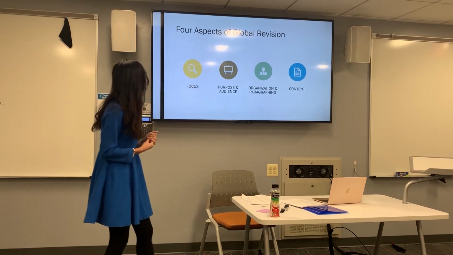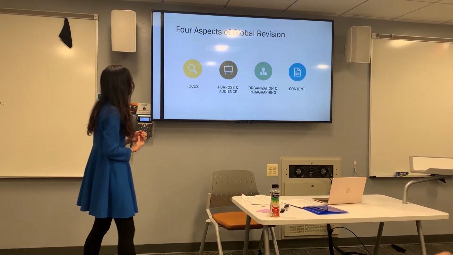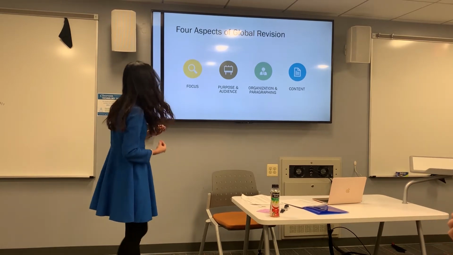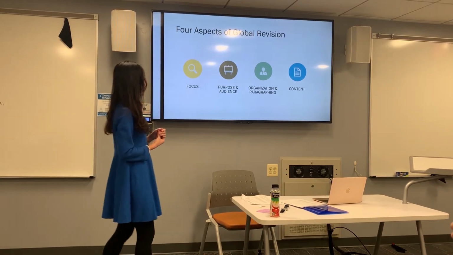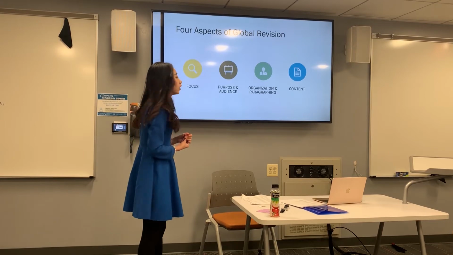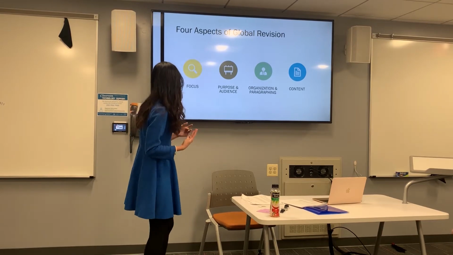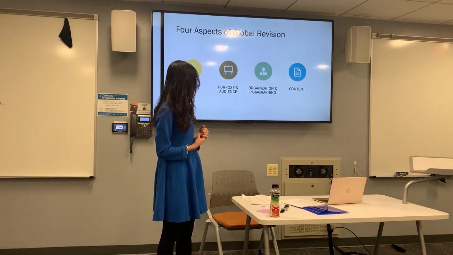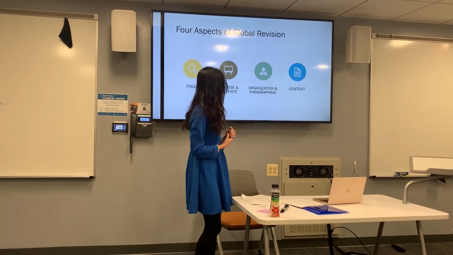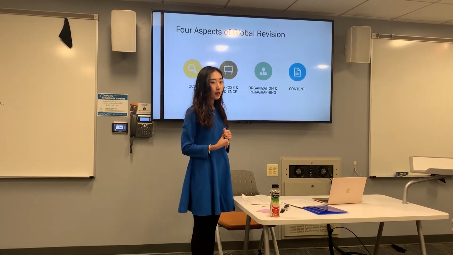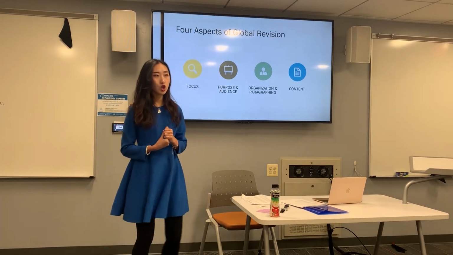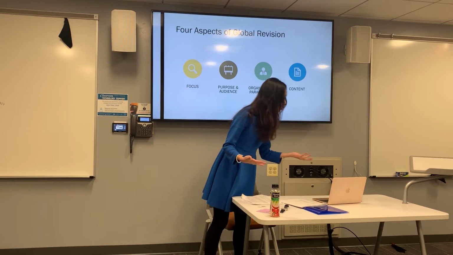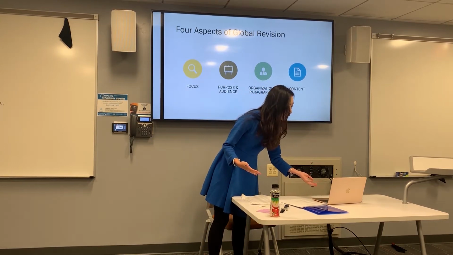Here is the emphasis, and there are 4 aspects of global revision we will focus on. One is focus, purpose and audience, organization and paragraphing, and content. Hopefully you will have your draft. Okay.